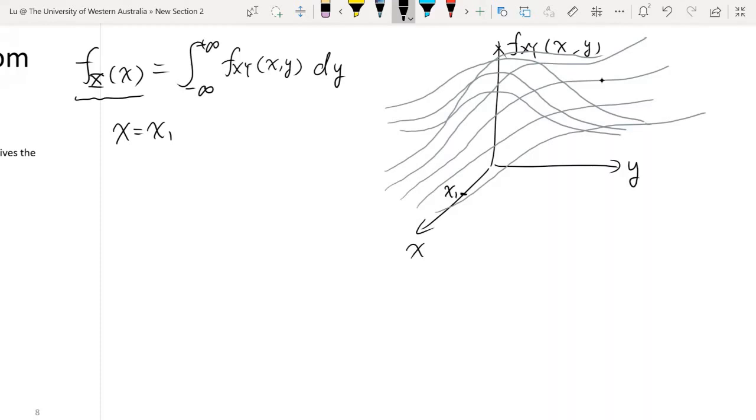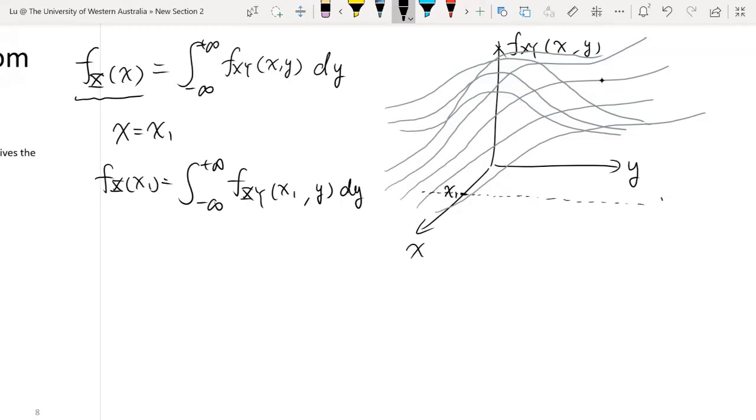So on the right-hand side, of course, you can see f_X(x1) equals the integration of the joint PDF f_XY at x1 and y, then dy. Because you have already fixed a point x1 here, x1 doesn't change temporarily. So we just draw this reference line. This is the x1 line, so X equals x1 line.